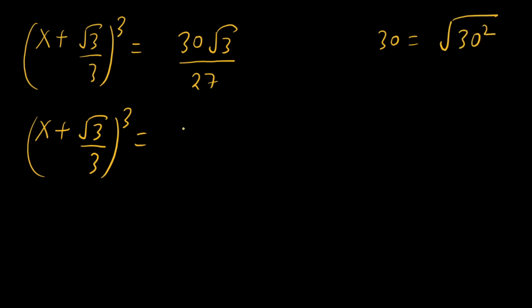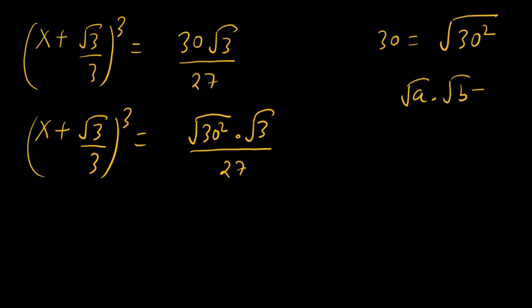Now this 30 is √(30²) times √3, divided by 27, and we know that √a times √b is equal to √(ab). Here in the numerator we have √(30²) times √3.